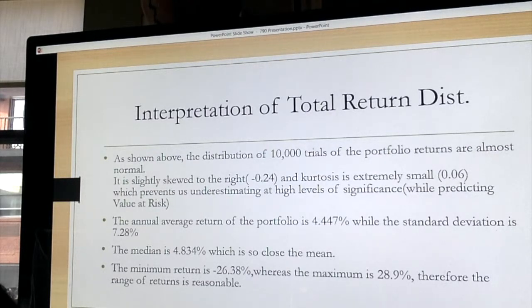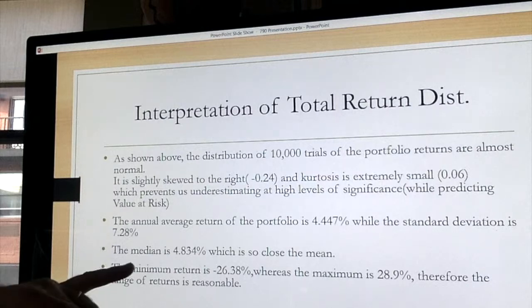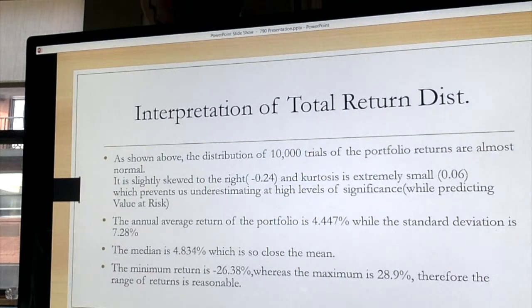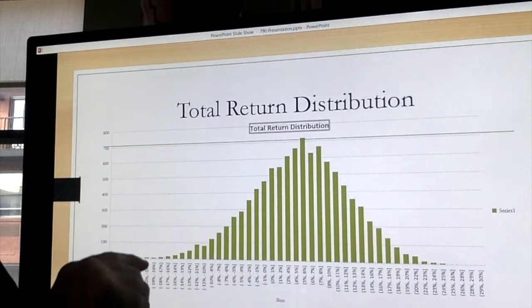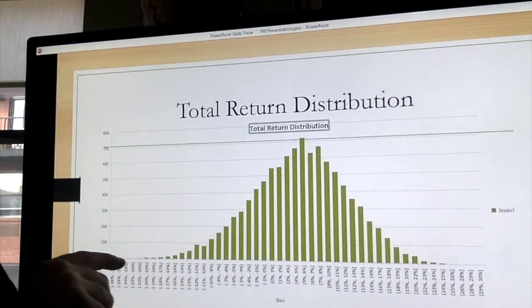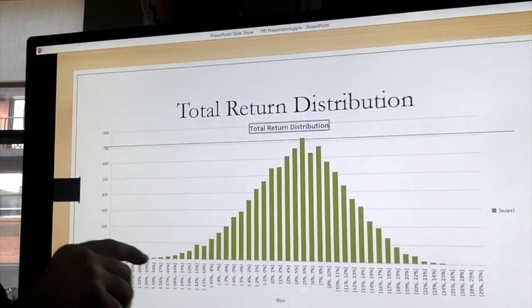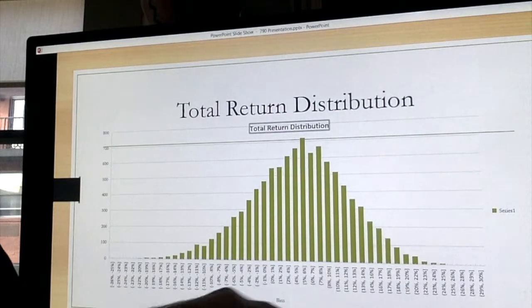Another thing: because we don't have fat tails here, the minimum return is 0.26 and the maximum is 28. They're close to each other in degree, and the range is reasonable. If you look beyond negative 22%, there's almost nothing, maybe just a couple of observations.